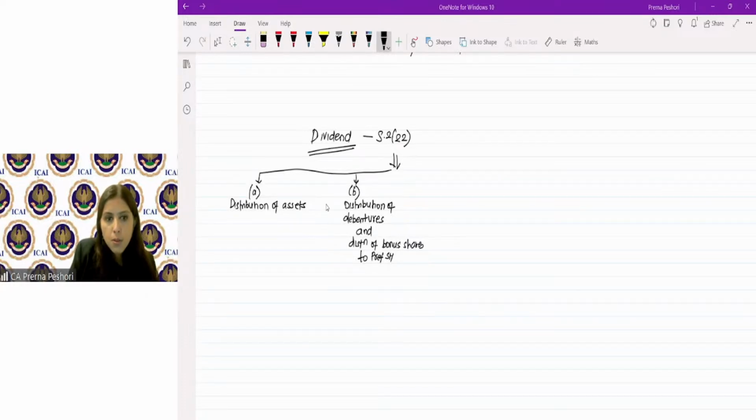Okay, distribution of debentures to any shareholder and distribution of bonus shares to preference shareholders.